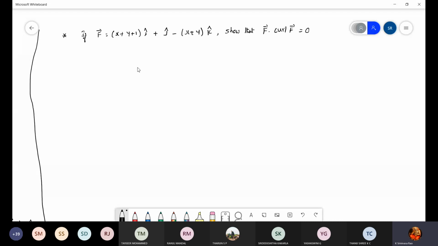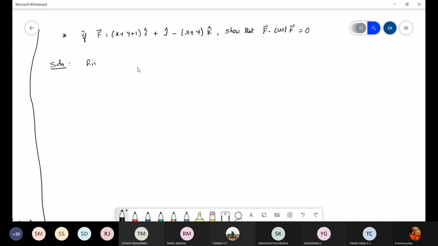Okay, this answer we have to show. We have to calculate curl f first. Calculate curl f, and you will get one more vector. Then f dot that answer curl f: find the dot product and show it is 0. Okay, take down the solution.